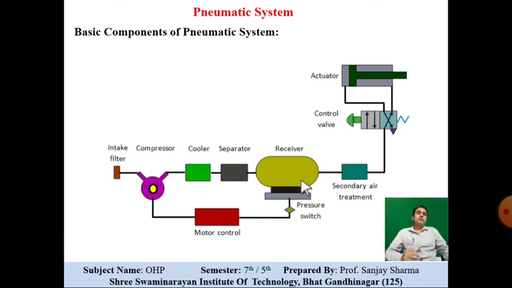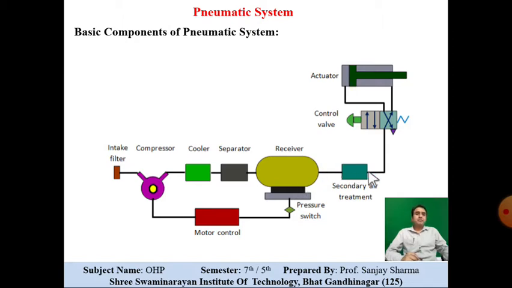So if the upper safety pressure is reached, the motor will cut off, and if pressure decreases to a certain level, the motor will start and the compressor comes into action and the air is stored in the receiver.